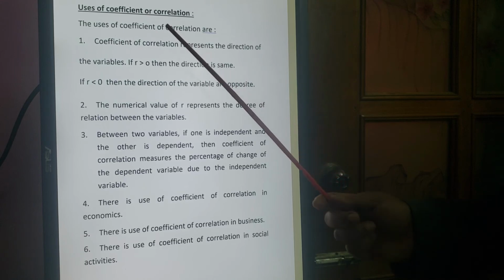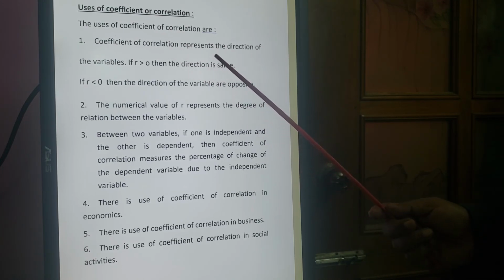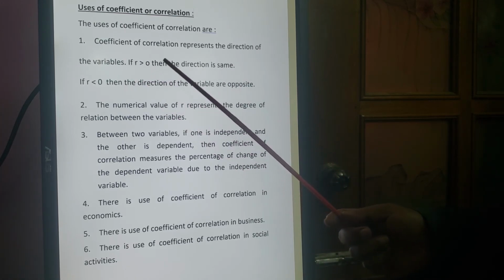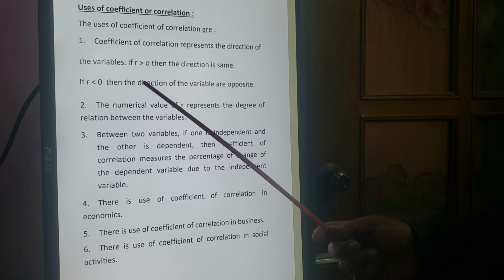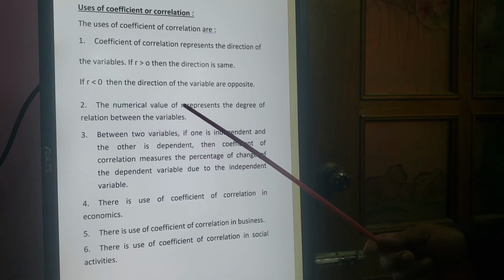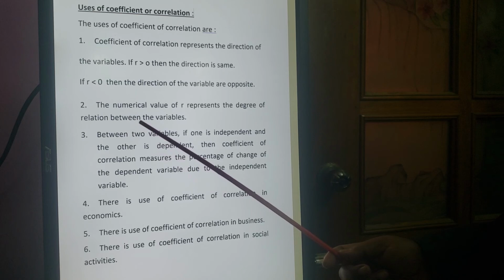Now the use of coefficient of correlation. Coefficient of correlation represents the direction of the variables. If r is greater than 0, then the direction is same. If r is less than 0, then the directions of the variables are opposite. The numerical value of r represents the degree of relation between the variables.